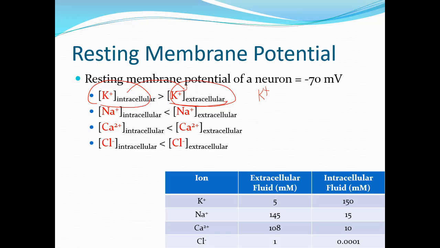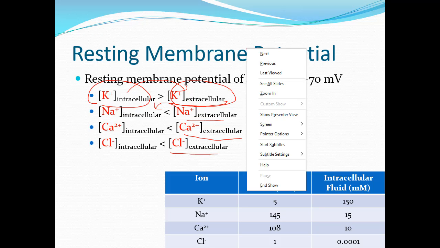So potassium will be going out of the cell, generally speaking. However, sodium is more concentrated on the outside, so it will want to go into the cell. If a channel opens for sodium, most of it is going to go into the cell. Same thing with calcium. Calcium is greater on the outside, so it will want to go into the cell. And chloride, being greater on the outside, will also want to go into the cell.